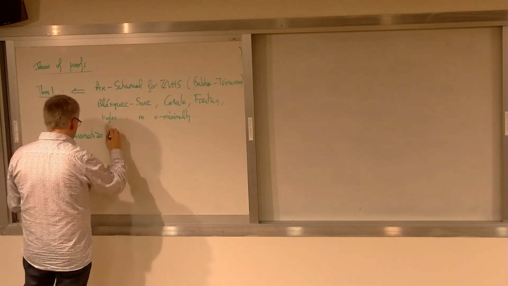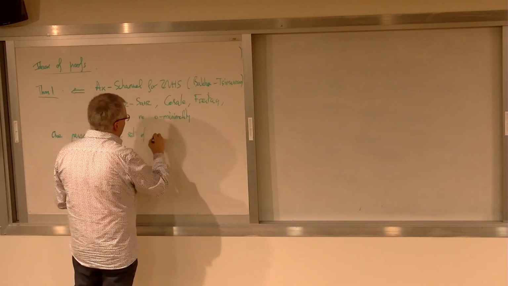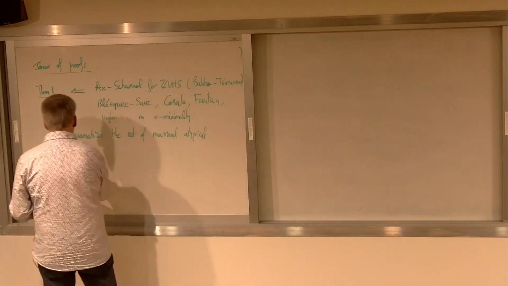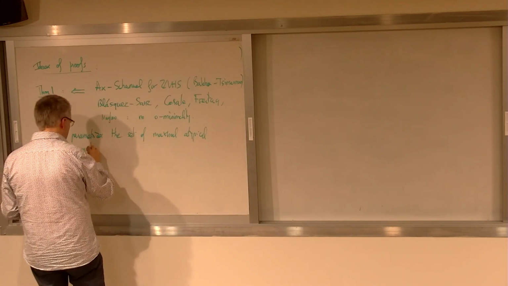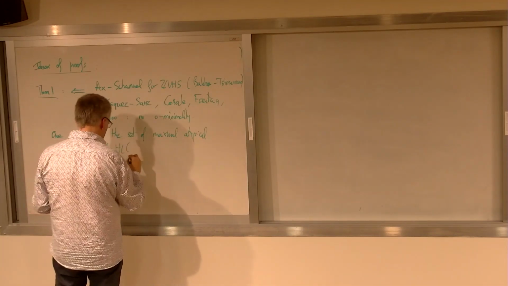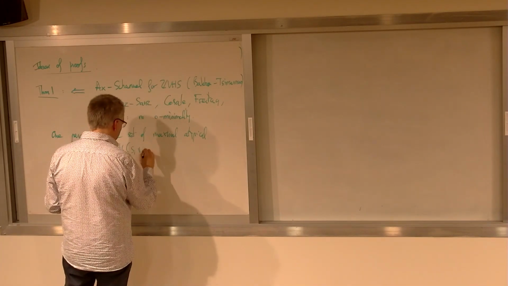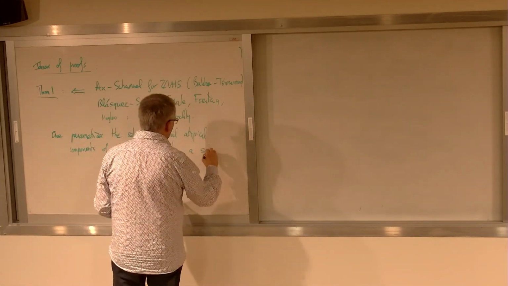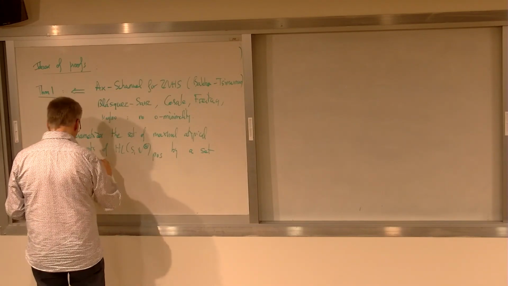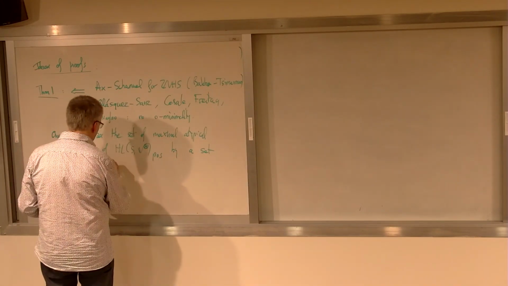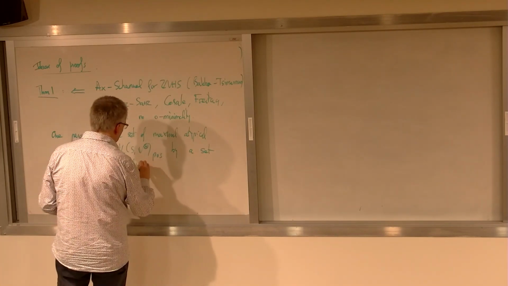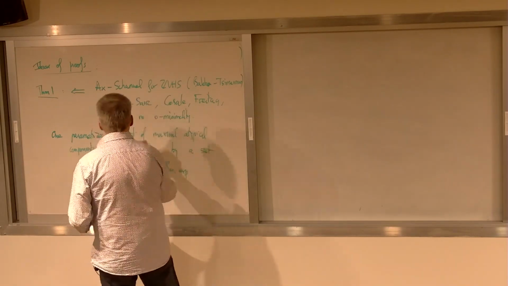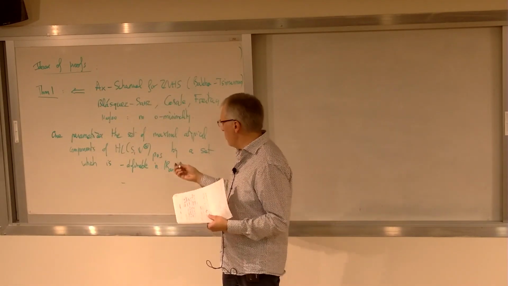One parameterizes a set of maximal atypical components of the Hodge locus of positive period dimension by a set which on the one hand will be more or less clearly definable, and then what you do is that you really use the full power of o-minimality to say that it is countable.